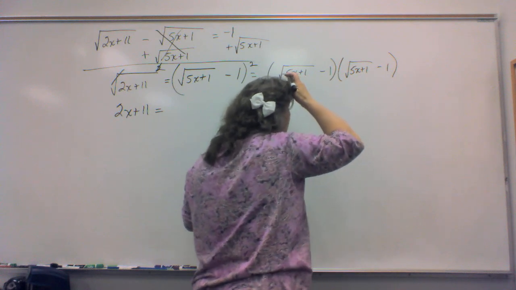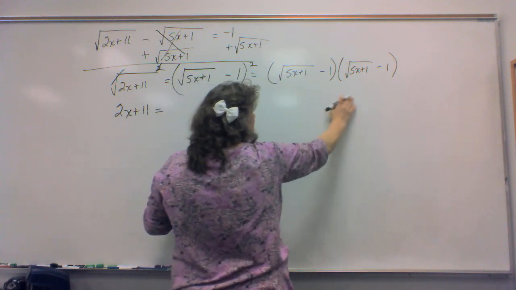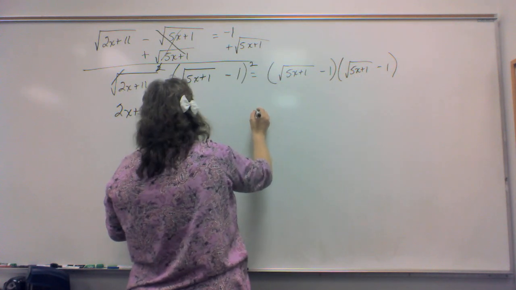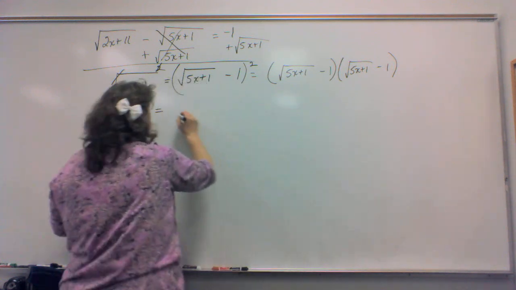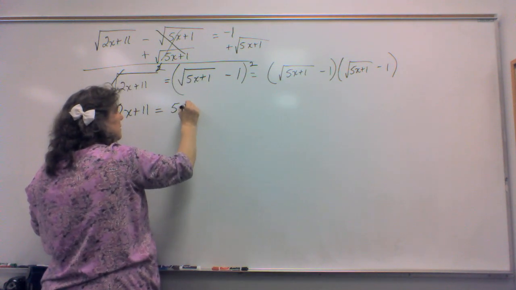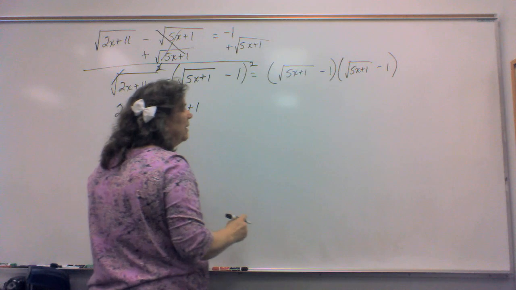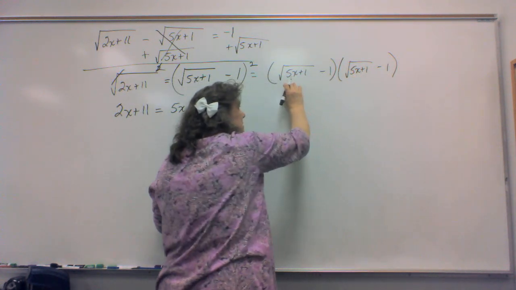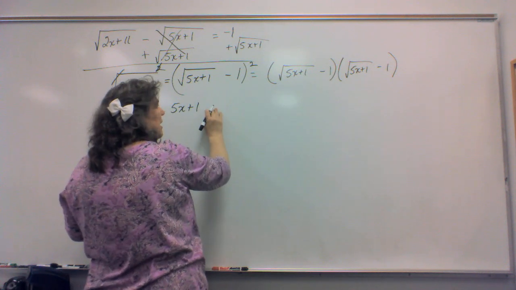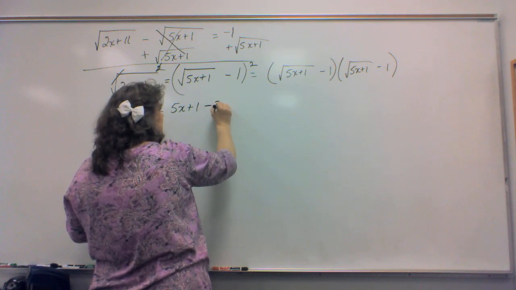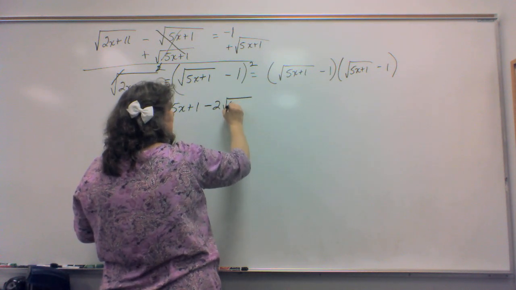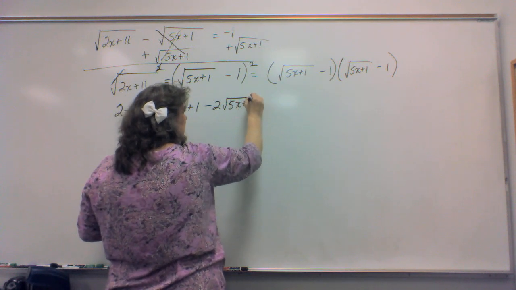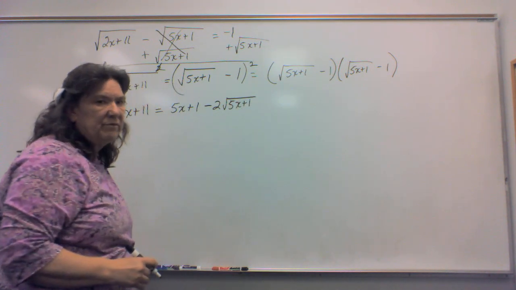Okay, so the easy part is this one times this one, which is going to give you 5x plus 1. Now, -1 times that and -1 times that will give you a -2 times the square root of 5x plus 1, because we're going to end up with 2 of them.